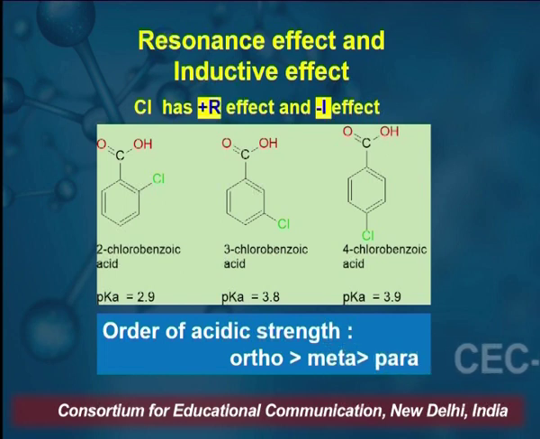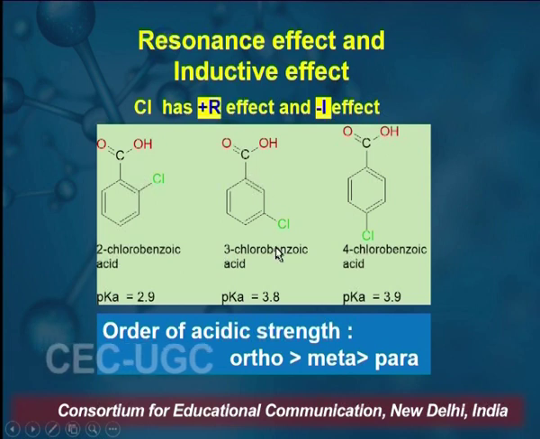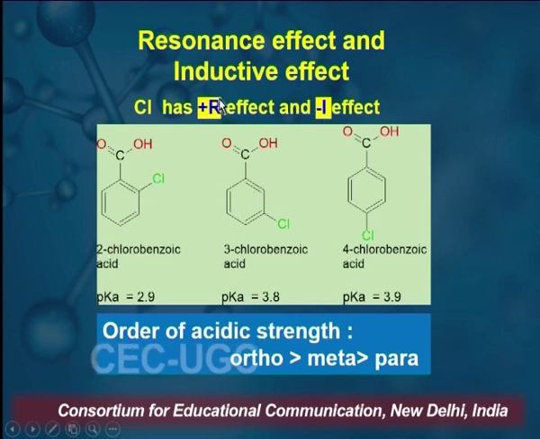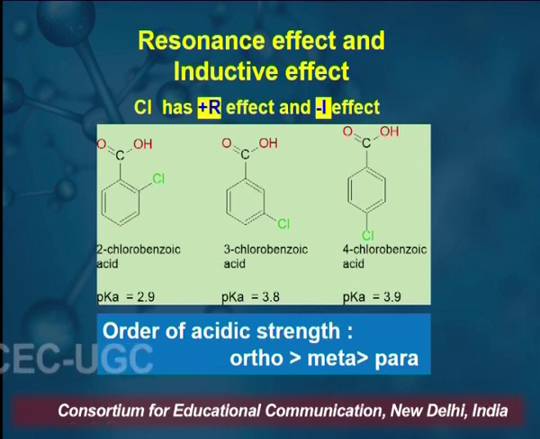Let us take another example where we have orthochlorobenzoic acid, metachlorobenzoic acid and parachlorobenzoic acid. Now, chlorine has a plus R effect and a minus I effect. Out of these two, plus R is electron releasing, so that is not going to increase the acidic strength, it will basically destabilize the carboxylate ion.